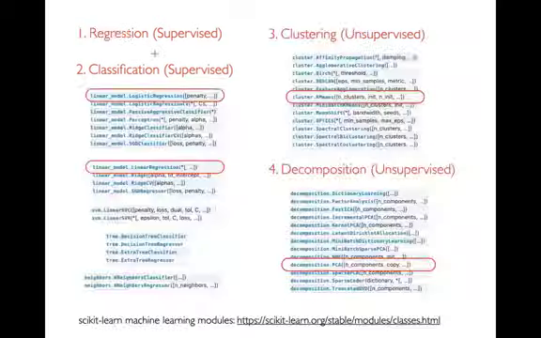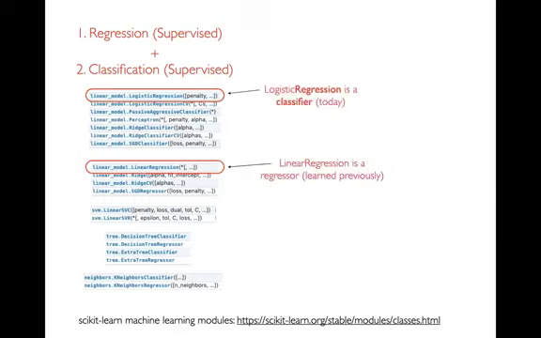So as I've mentioned, we have these big categories, and sklearn has so many different algorithms, or implementations, for each of them. The one we've learned so far is linear regression. That's what we've been using for regression. So a linear regression model is what we call a regressor.